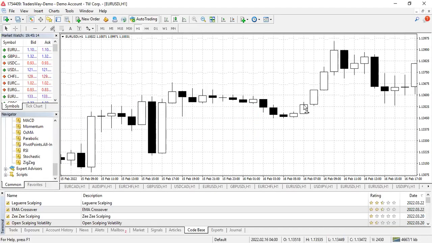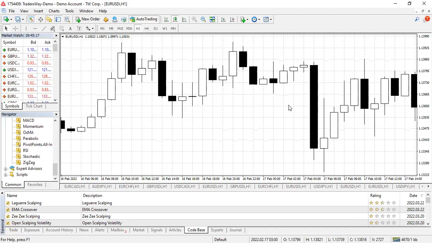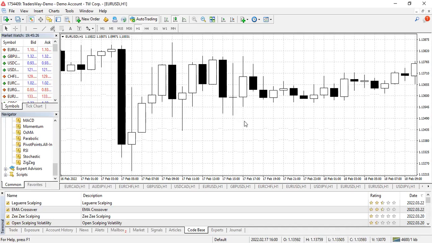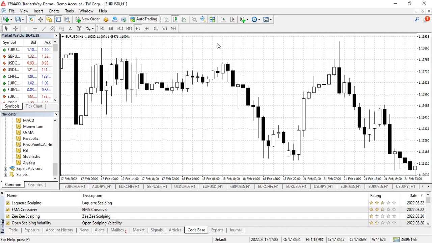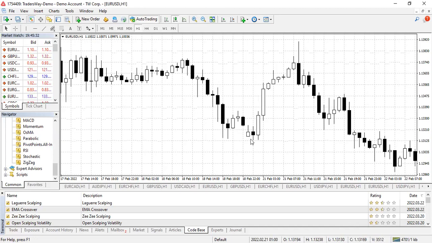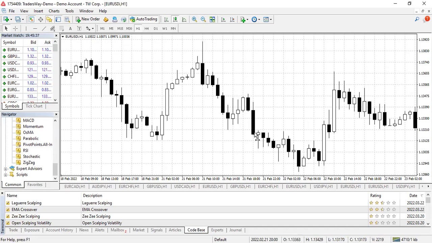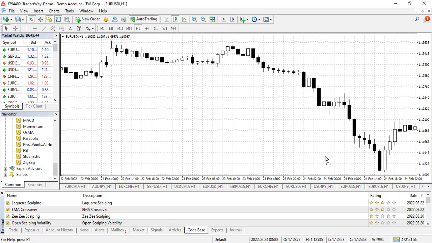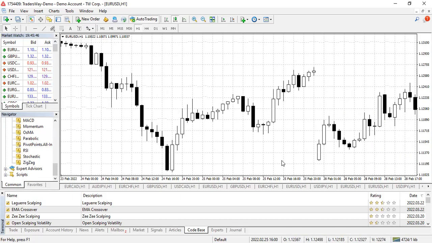So we are searching for morning star and evening star. If you are looking for a morning star, you focus on the downtrend markets. You are looking for a morning star.